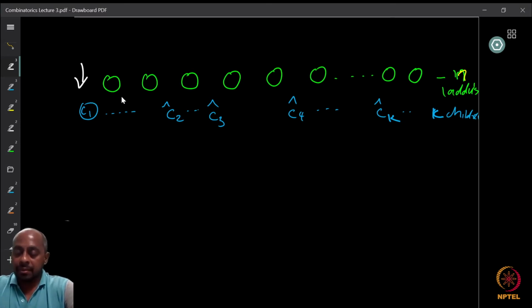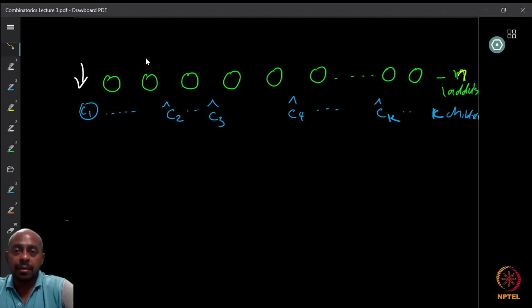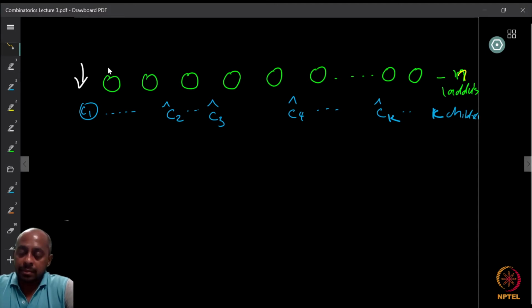Then you start taking some laddus, maybe 1 or 2, some number, maybe 5, depending on the person standing there. Now go. Once he has taken some number of laddus, the next guy in the queue comes.